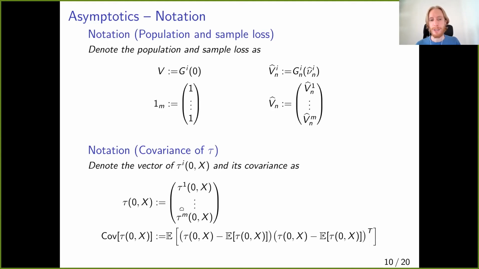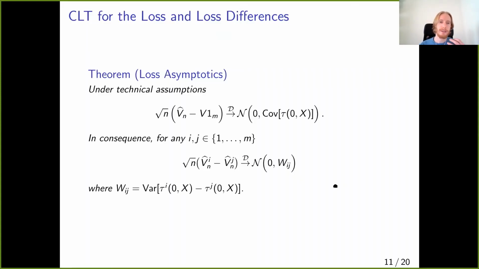So the covariance of tau is this vector of local Frechet functions near those global descriptor values. And then what we can show is the central limit theorem, that the sample loss vector minus the population loss vector, and here the population loss vector, as I said before, all the entries are the same, so it's V times a vector of ones.